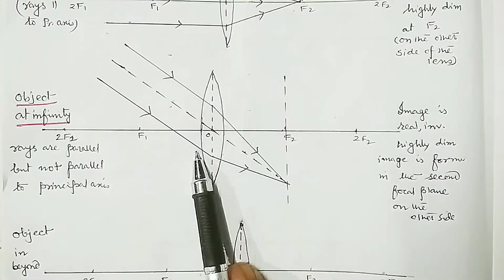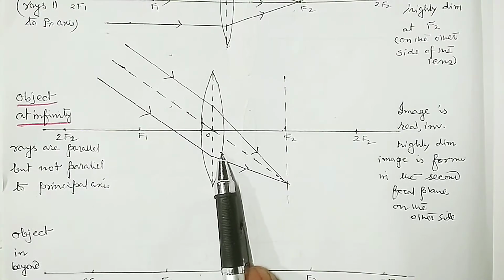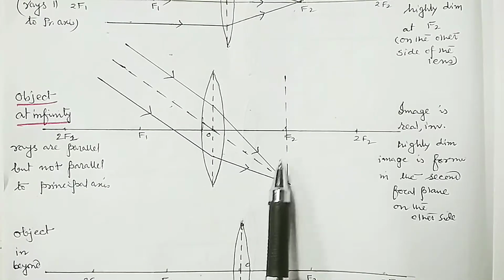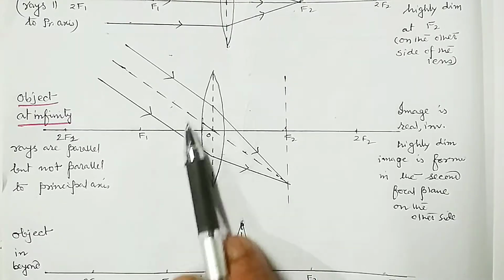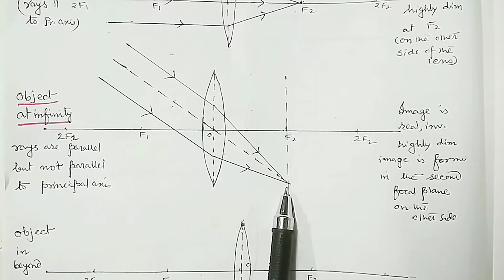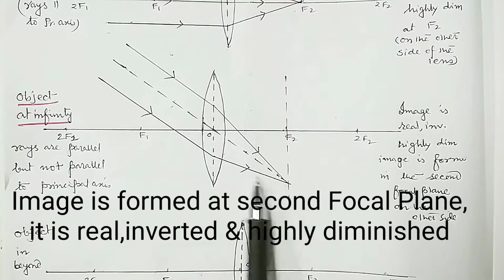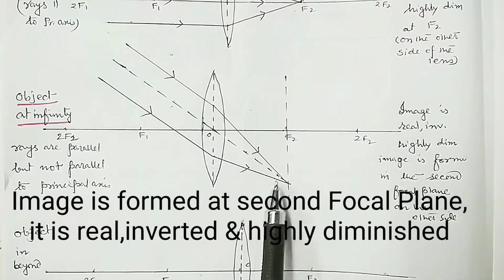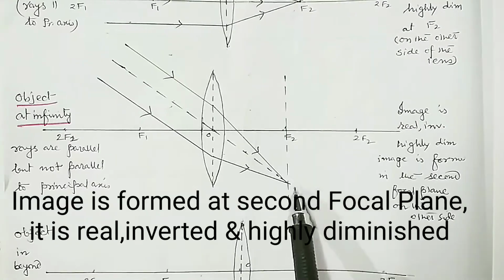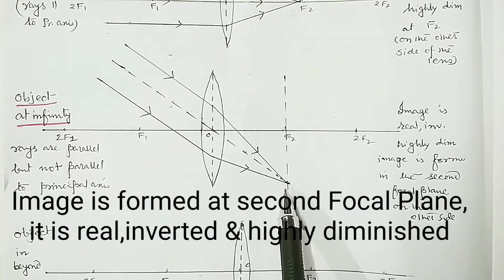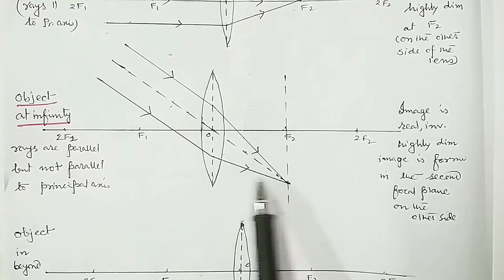In that case, these rays after refraction are going to meet in the second focal plane on the other side of the lens. Here, as you can see, these rays are meeting at this particular point. Since the rays are really meeting, the image will be real. Real images are always inverted, and as you can see, a small dot will be formed. So the image is highly diminished and it will form in the second focal plane on the other side of the lens.